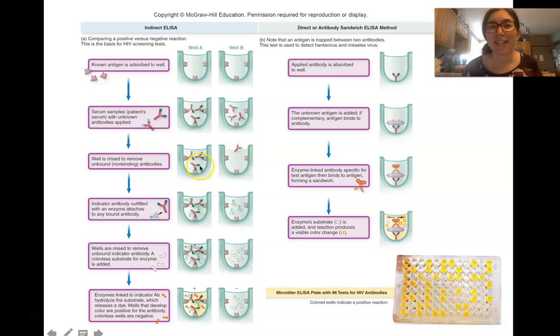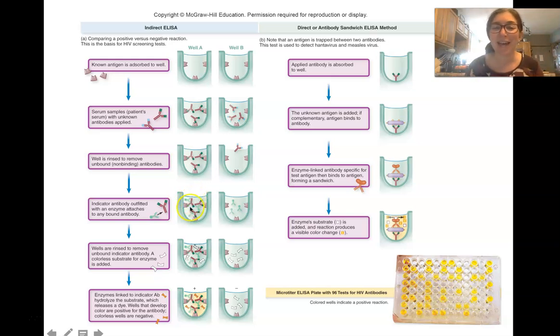You can't see these antigen-antibody interactions in the well, so you have to add a third ingredient, some kind of color indicator. The third thing you add is an antibody that recognizes antibodies.